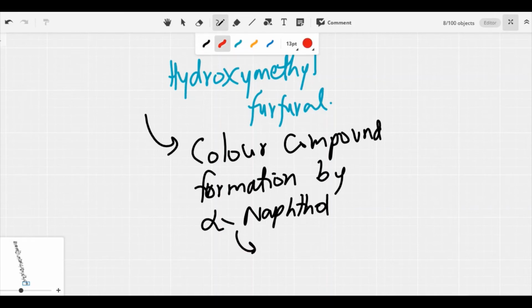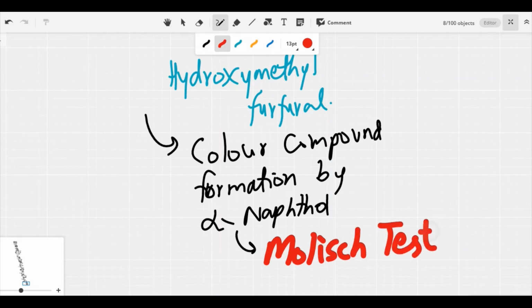That process is known as the Molisch test.